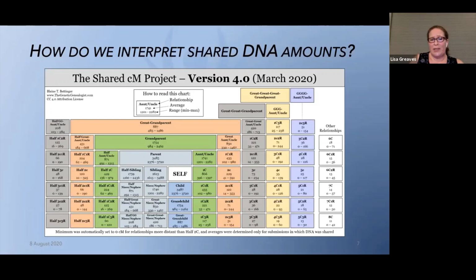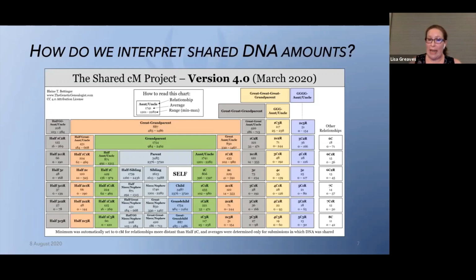Some of those relationships you can exclude based on age. Somebody couldn't be your great grandparent, I don't think, if you were approximately the same age. So some of the relationships you can eliminate based on age, but others you really can't. And so you're kind of grappling with, well, how is that person related to me? And you have to leave that sort of open until you've done some more research on their family tree.